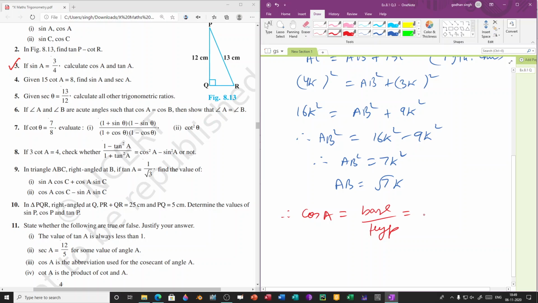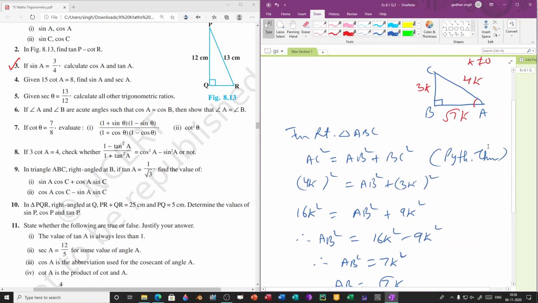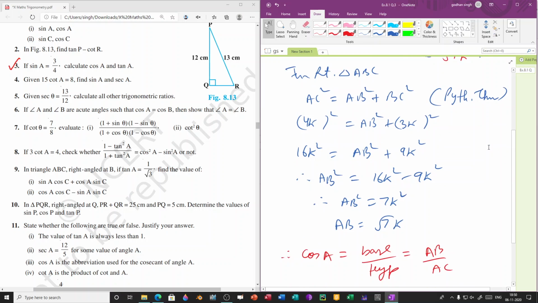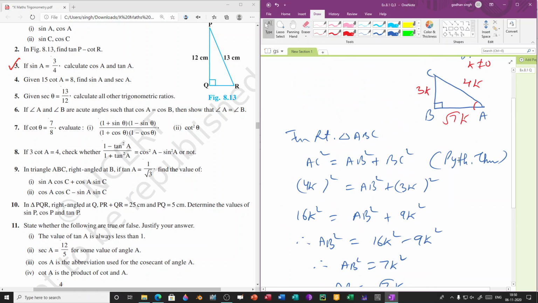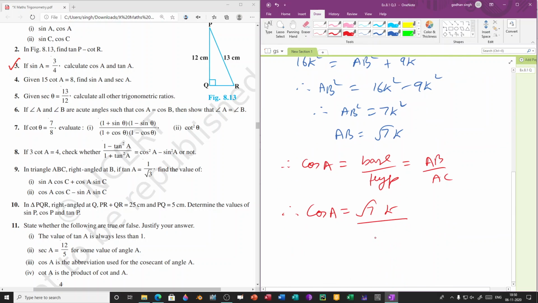We put the value of AB and AC. Value of AB is root 7 into k, k is not inside the root, divided by 4k, and k will cancel out. So the final answer will be root 7 over 4. So this is the value of cos A.